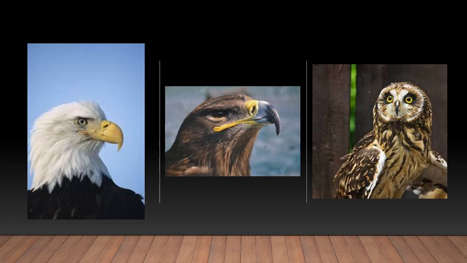Hook means the upper part of the beak curves down over the lower part and comes to a sharp point. So the examples of the hooked beak birds are eagles, hawks, falcons, owls, vultures, buzzards, etc. These are the kind of birds who have hooked beaks.